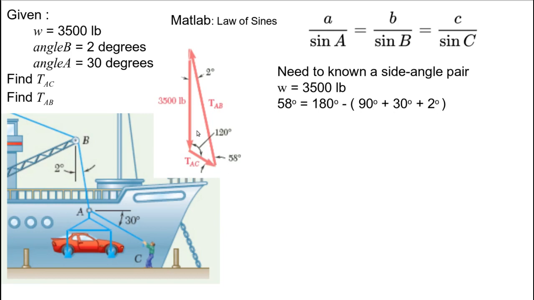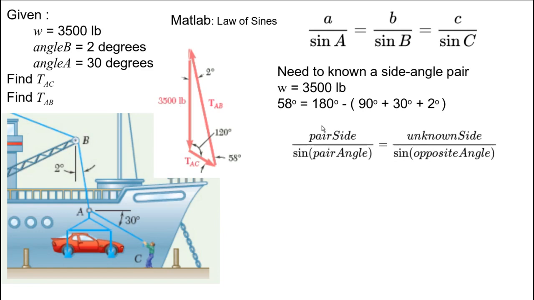So we know 58, and we know the 3,500 pounds. So I like to rewrite it now as we've got our pair that we know. We know the pair side and we know the pair angle. And we want an unknown side and sine of the angle opposite the unknown side.